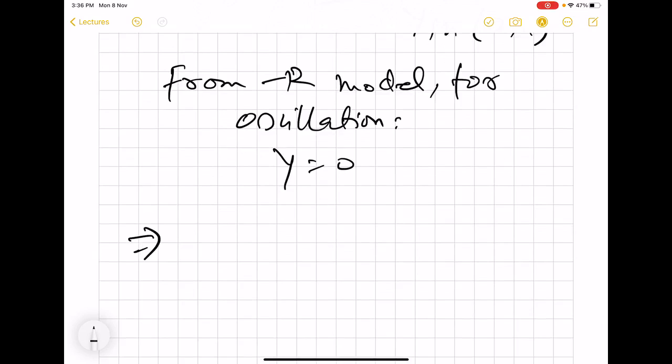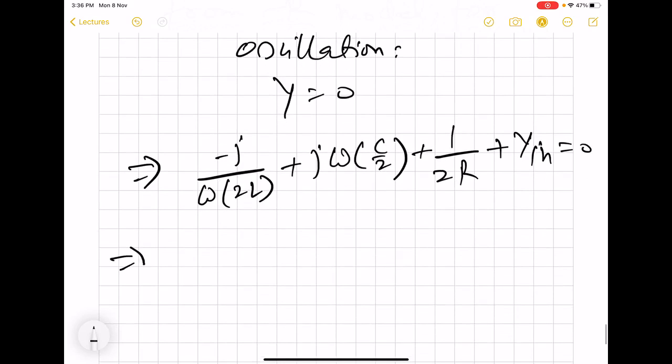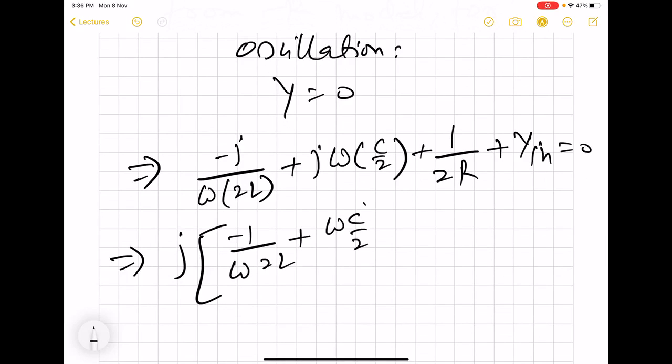So this is going to be minus j by omega 2L plus j omega C by 2 plus 1 by 2R plus Y in is equal to 0. So here we get minus 1 by omega 2L plus omega into C by 2 plus 1 by 2R, and Y in we have found out.